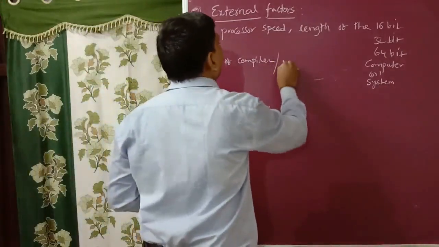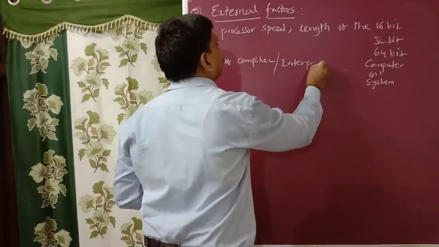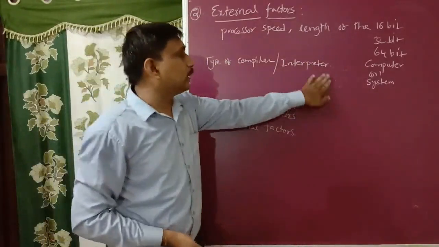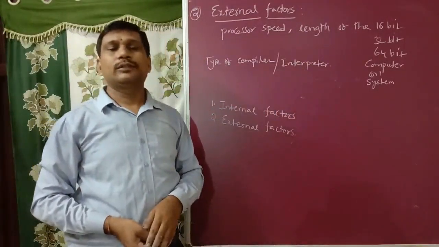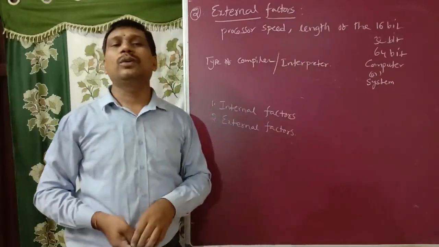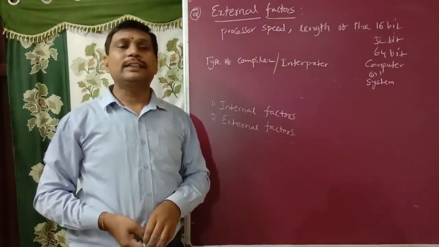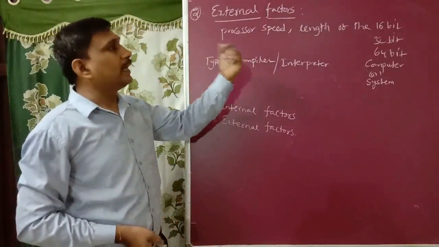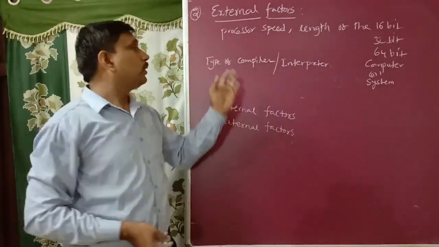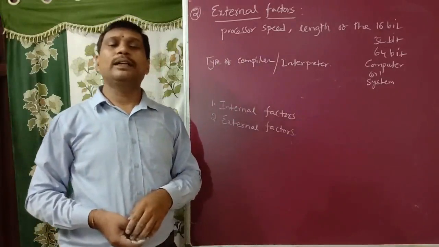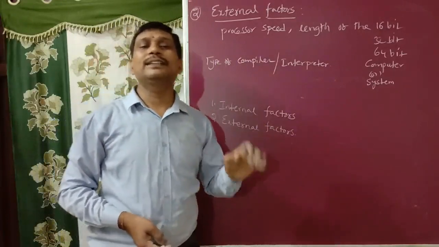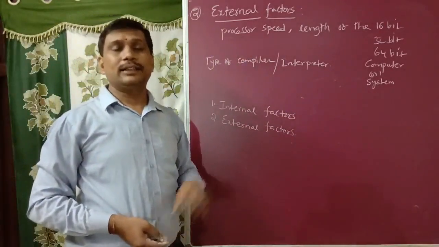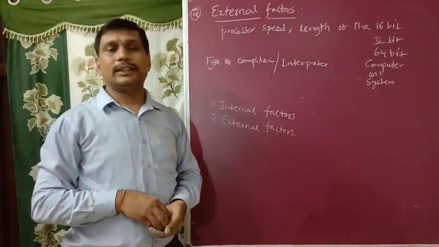So the type of compiler or interpreter is one of the factors. The performance of this software is also one of the factors deciding computational complexity. So speed, length of the system, and also compiler or interpreter type are the external factors that decide the complexity.